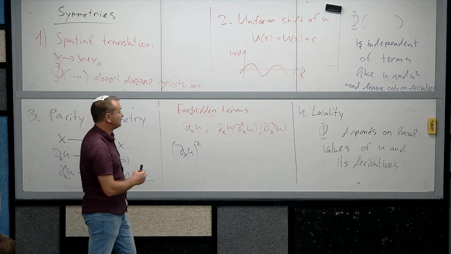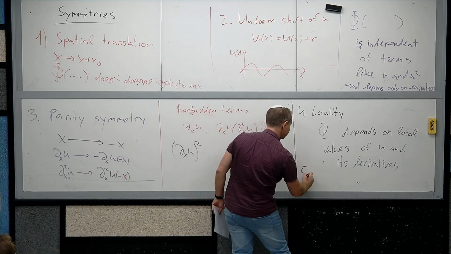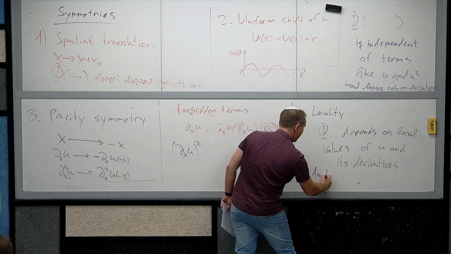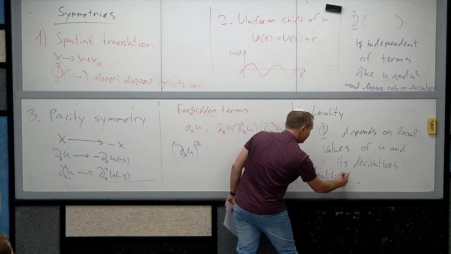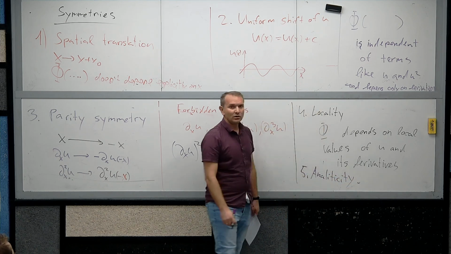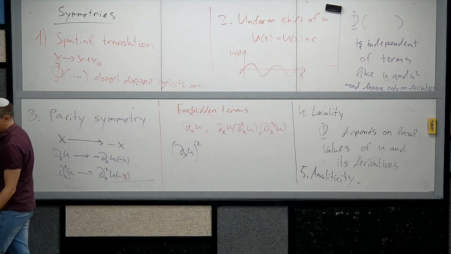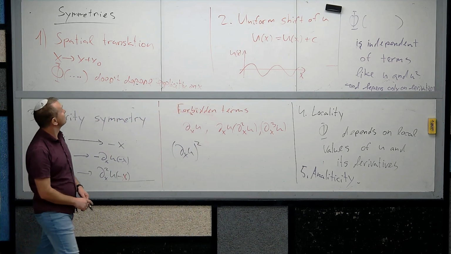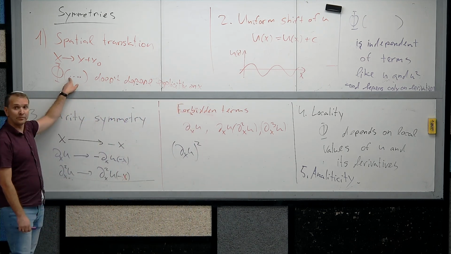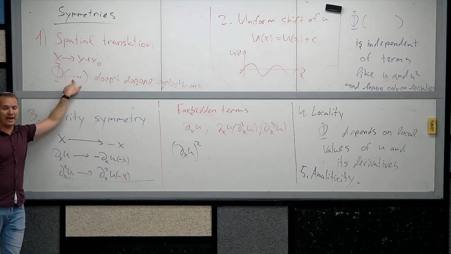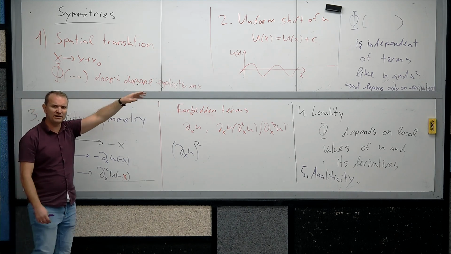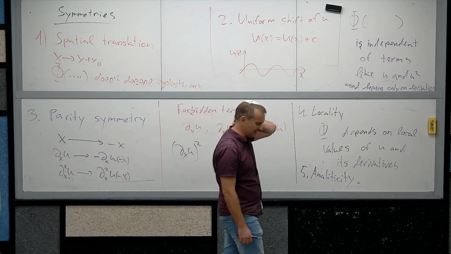And the last one, let's call it 5, analyticity. What I mean by analyticity is that this function phi is analytic. Namely, I can expand it in a Taylor series. There are different definitions of what is an analytic function.